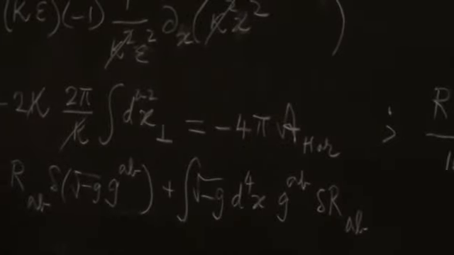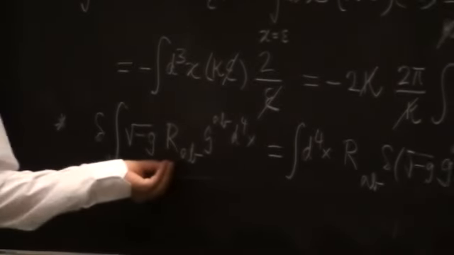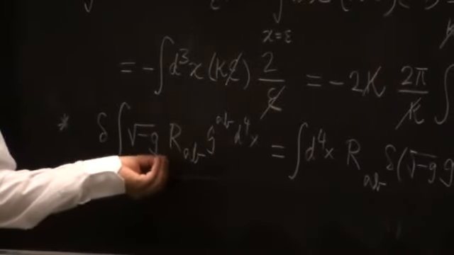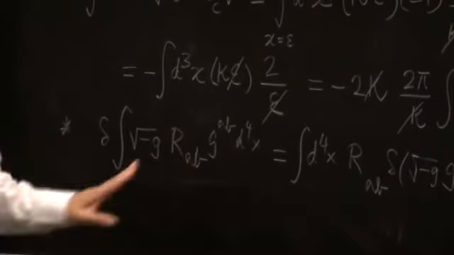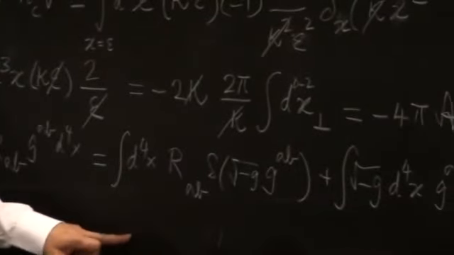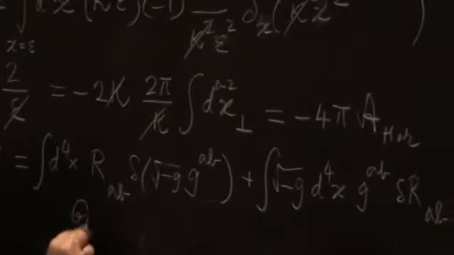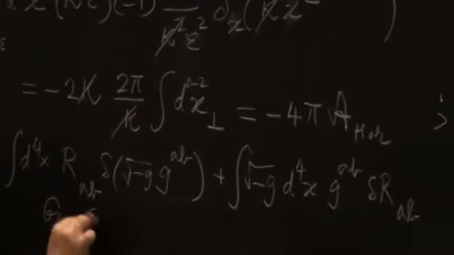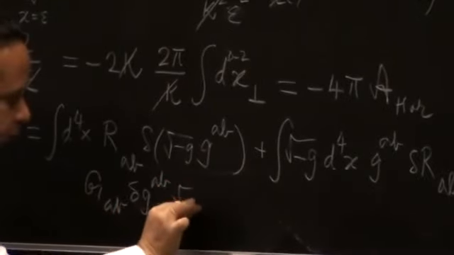Now, if I had asked you where the physics is contained in this, you would have probably thought the physics is contained in the curvature tensor or the Ricci tensor, and the variation of the Ricci tensor should tell us something. It does nothing of that kind. This term, R_AB, gives you Einstein's equation. The variation of this, when you compute, you will get G_AB delta g^AB root minus g.